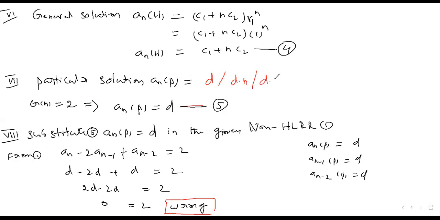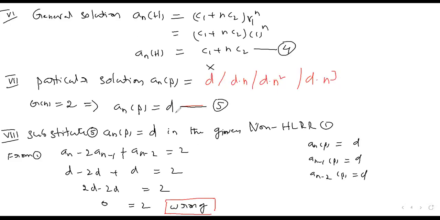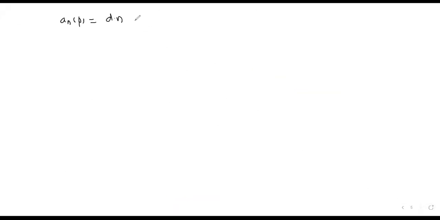Then you take D into n square. Then D into n cube. So here the first case is wrong, it is not satisfying. Now we take An of P equals D into n. This is equation 5.